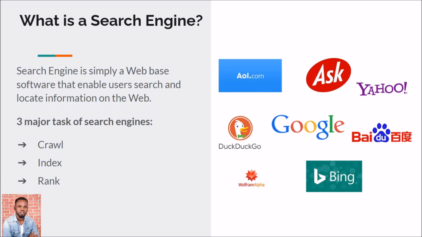Okay, this is actually what enables the easy access to information in the online world or on the web as we have it today. Okay, so that is it about the search engine and how it works. You can access the search engine with your web browser. You have it in every web browser. Any web browser you're using will always have a search engine. Most of them will give you options to make use of any of these search engines.